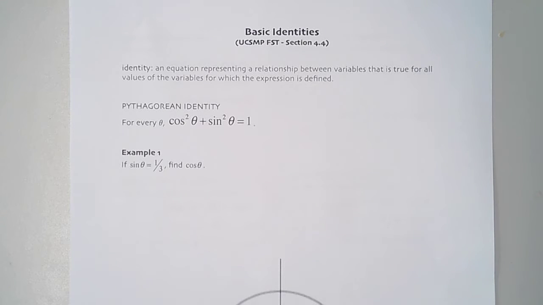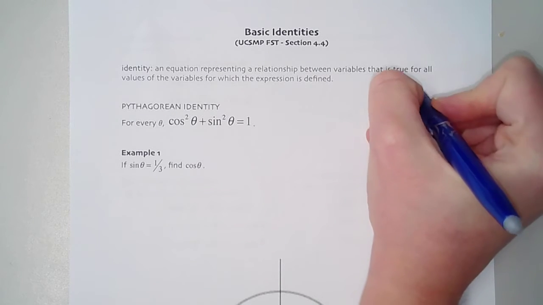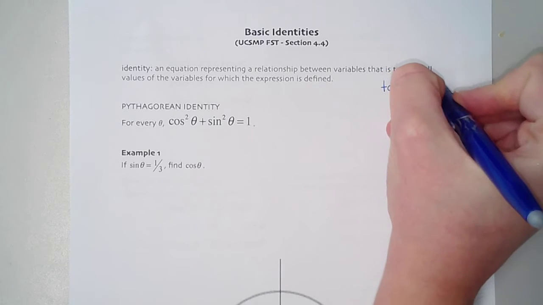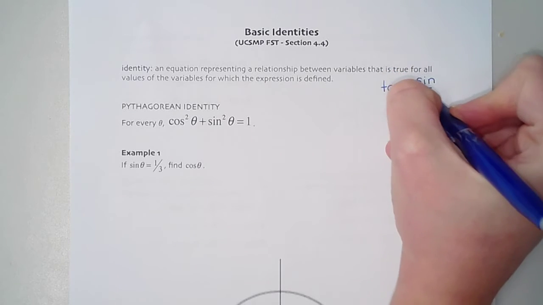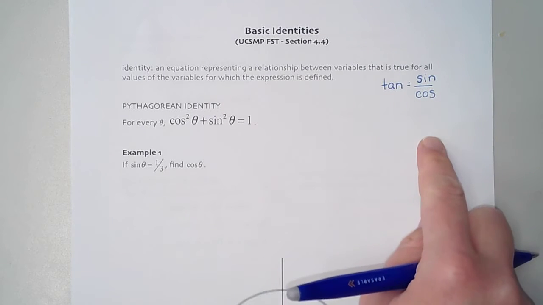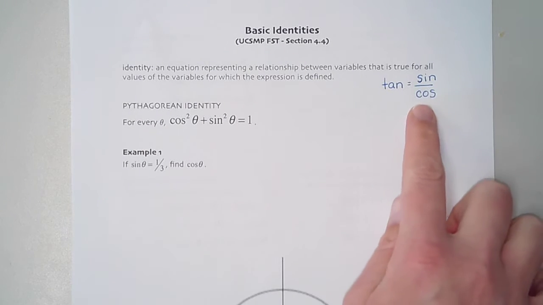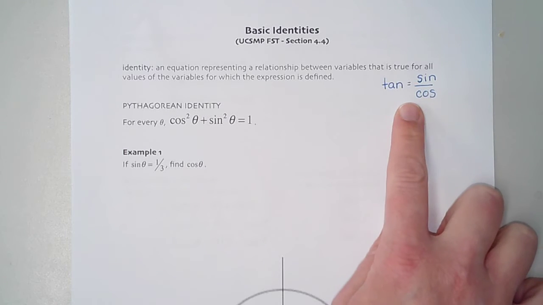So technically, when we learned that tangent is equal to sine over cosine, that was an identity. That is a statement giving a relationship between different variables. And again, we talked about why that was true. We could formally prove why this is true, but this is an example of a very, very simple identity.